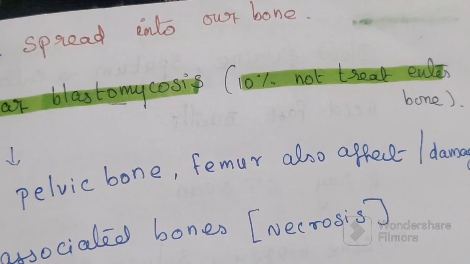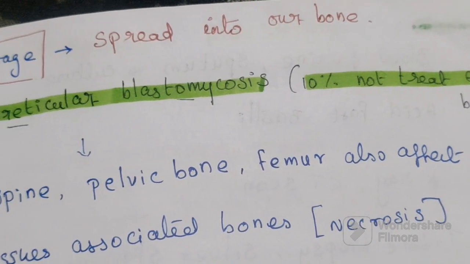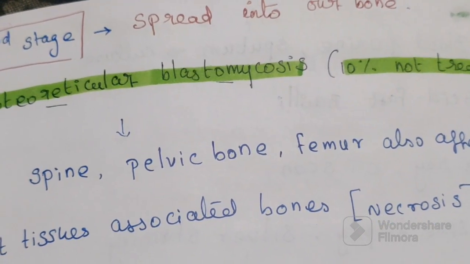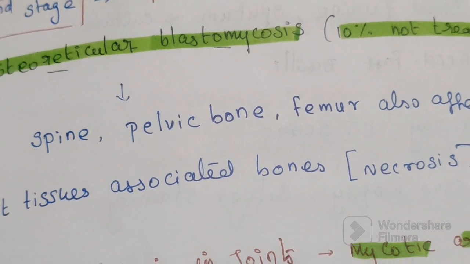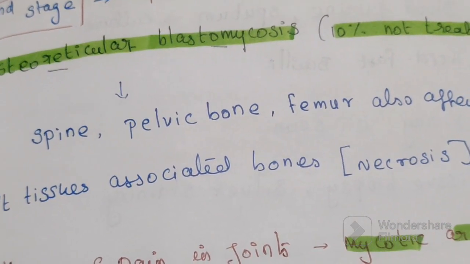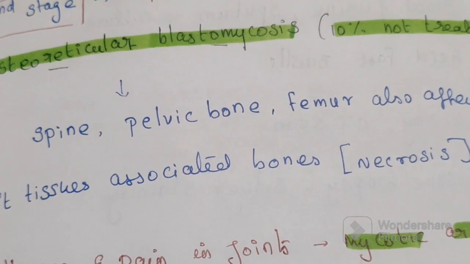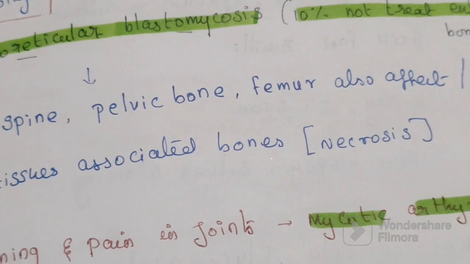So this is the secondary stage. It attacks several regions of bone, including the spine, pelvic bone, femur, that means large bones.